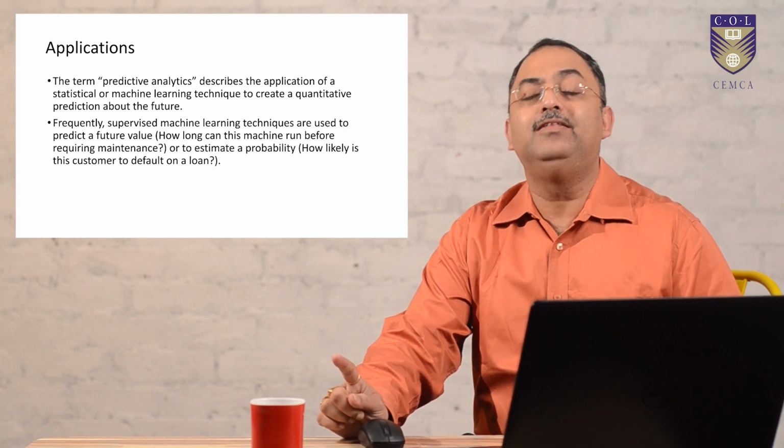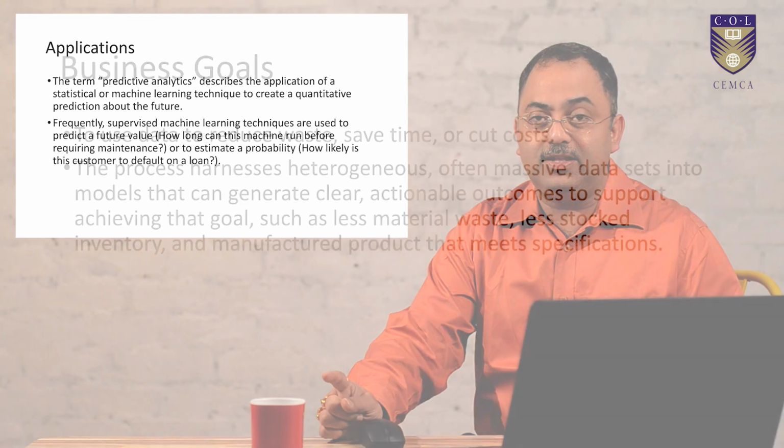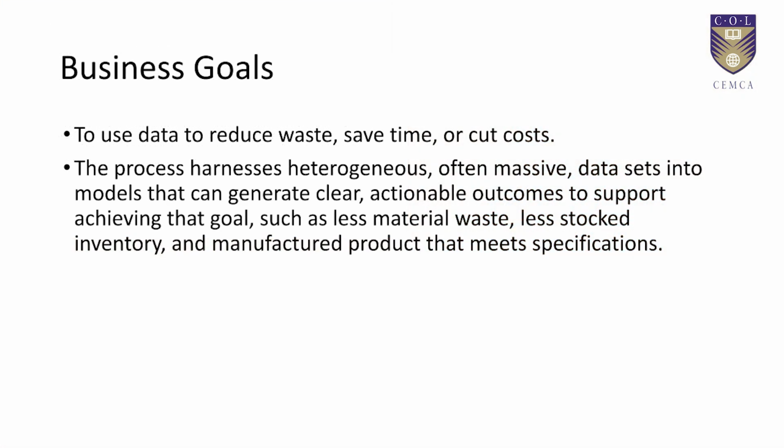But remember, the business goals remain the same. The business goals are that we are looking forward to reduce wastages as much as possible, to save time as much as possible, and to cut cost as much as possible.